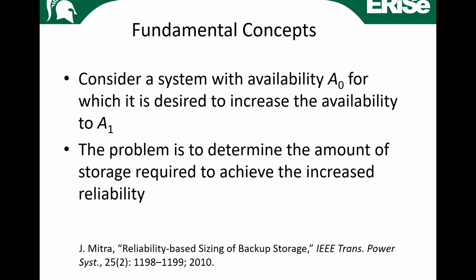And what are A0 and A1? A0 is the availability of power from the grid supply, from the wall outlet. And you know that that's not 100% reliable. So you want to increase that availability, recognizing that your computer probably needs more reliable power than the light bulb, right? You want to increase it to A1 using a UPS. So A1 is the total availability you get from both the grid supply and the UPS.